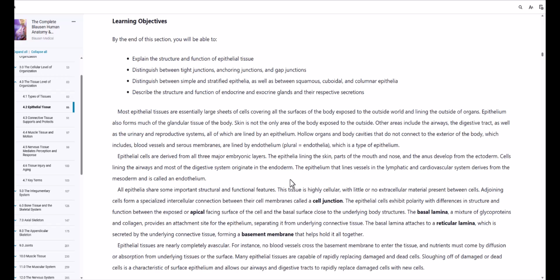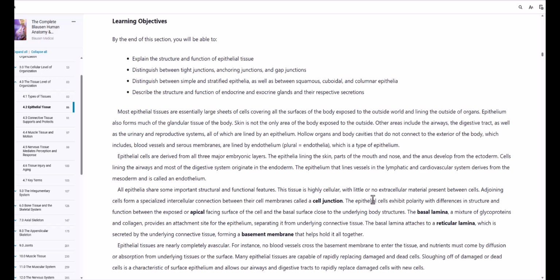So another way of saying that is that epithelial tissues have little or no extracellular matrix, right? There's very little extracellular protein or stuff outside of the cells. And that also suggests that these cells are held together by particular certain structure. So let's go through that a little bit.